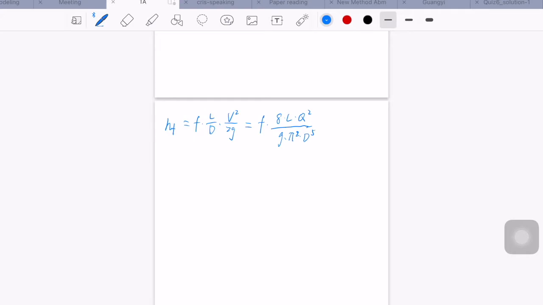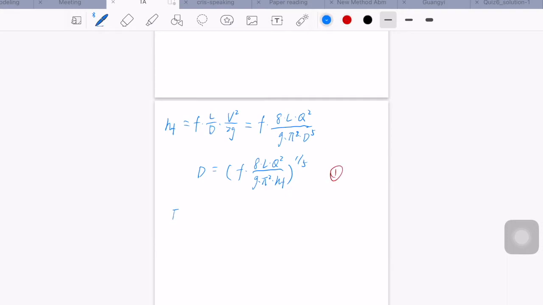And then for the diameter, we have D should be equal to f times 8 times L times Q squared divided by g times pi squared times hf, to the power of 1 over 5. We consider this equation as equation 1.